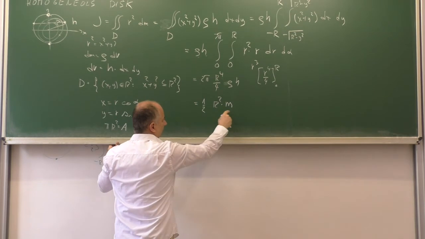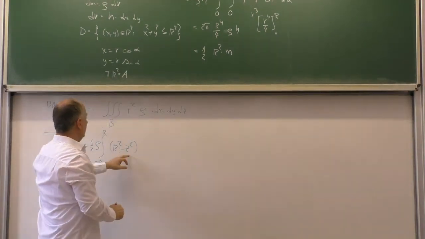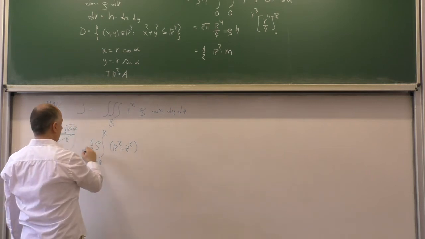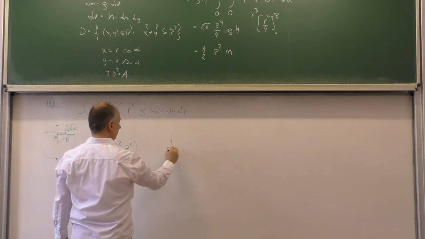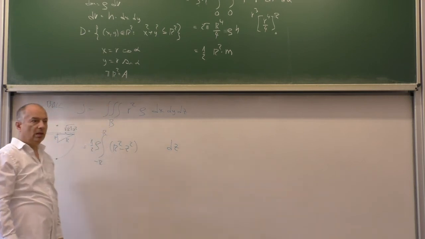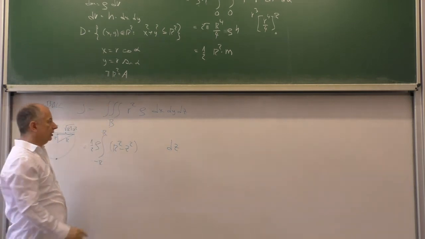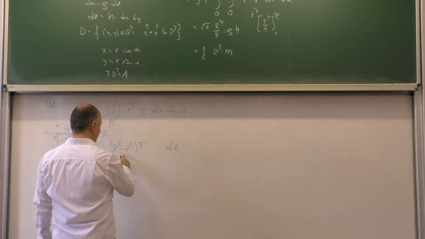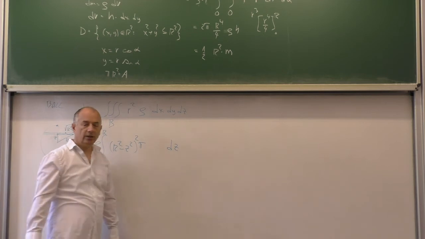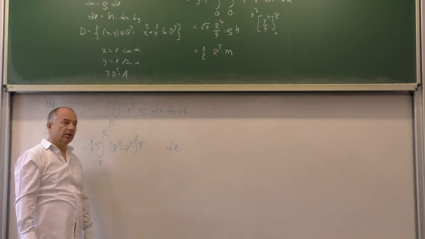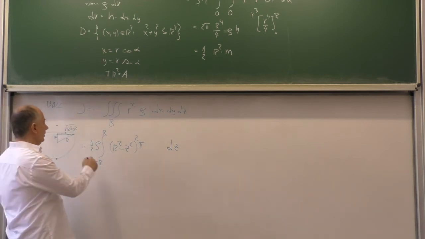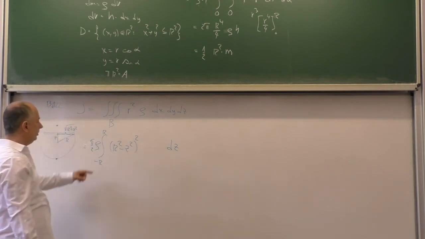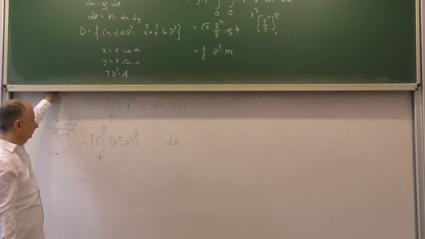m is rho times the volume, and the volume will be height, which is dz, times the area of the disk, which is pi r squared, which is this bracket once again. So this bracket times this bracket is this bracket squared. We can factor out pi in front of the integral, and we want to integrate this expression.